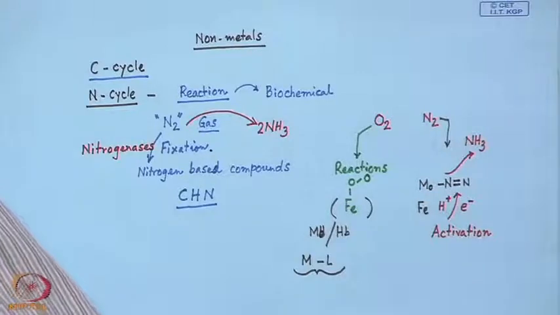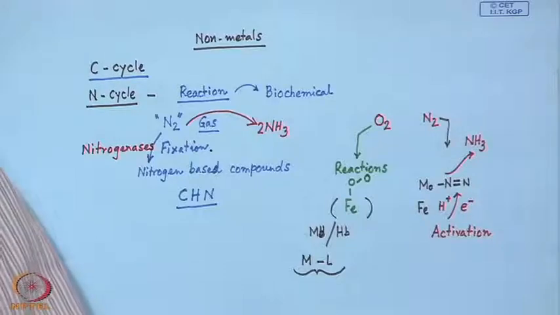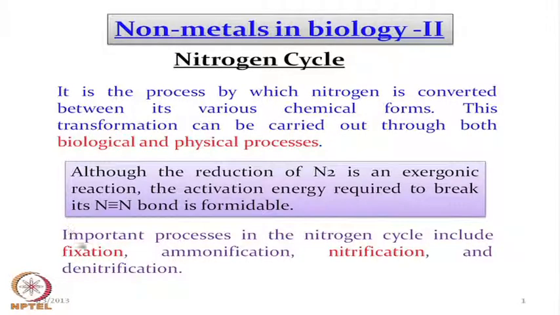So, this barrier has to be broken for the activation of this nitrogen nitrogen triple bond, and the corresponding process which we can consider during this nitrogen cycle, because day by day depending upon the corresponding input of the different nitrogen based compounds, how we are interacting with the nitrogen cycle is changing. So, this is a very contemporary interest for knowing this particular nitrogen cycle in the form of how it can go for the fixation.